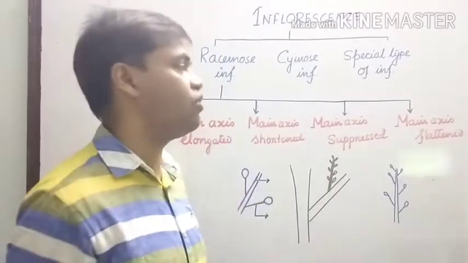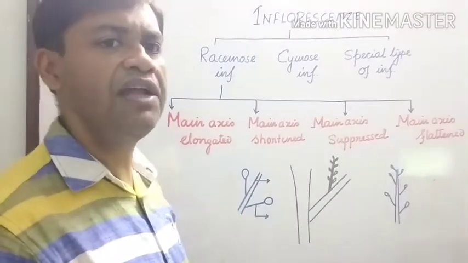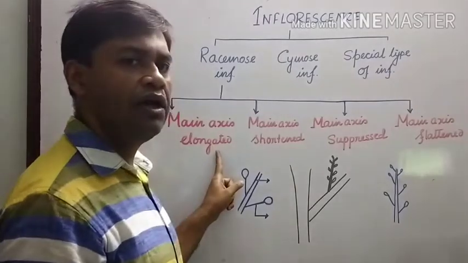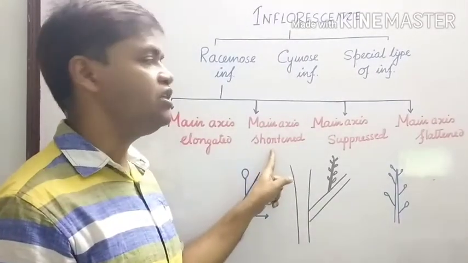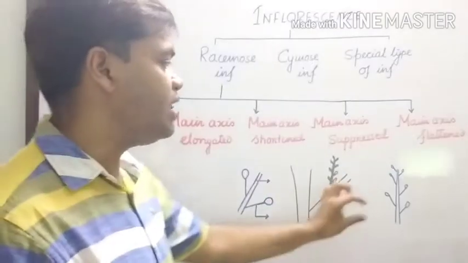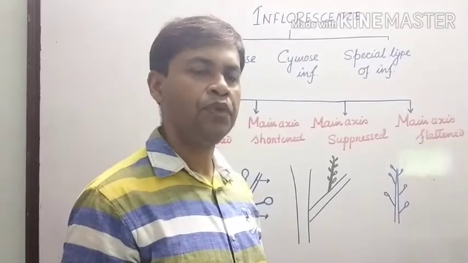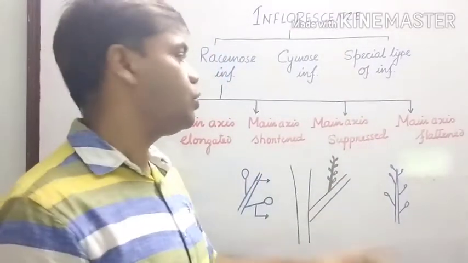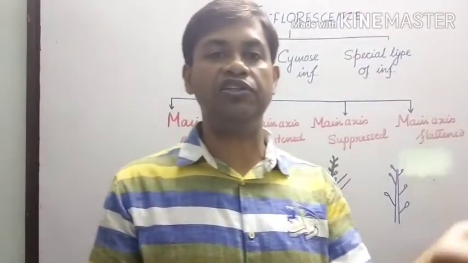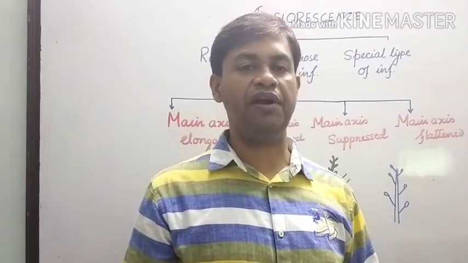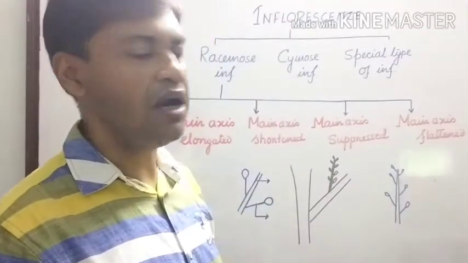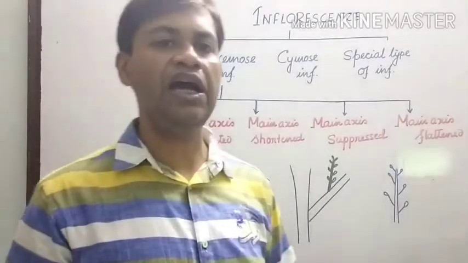And these racemose inflorescences have been broadly divided into four different types: main axis elongated, main axis shortened, main axis suppressed, and main axis flattened. কোথাও মেইন এক্সিসটা elongate হয়ে racemose inflorescence হয়, কোথাও মেইন এক্সিসটা শর্ট থাকে, কোথাও মেইন এক্সিসটা সাপ্রেস থাকে, অথবা কোথাও মেইন এক্সিসটা একদম থালার মতো ফ্ল্যাট ডিস্ক শেপের থাকে. So there are four different types. Now we will start one by one racemose inflorescence এর আন্ডারে মেইন এক্সিস elongatedটা আমরা পড়ব.